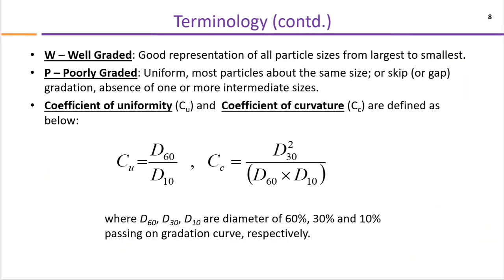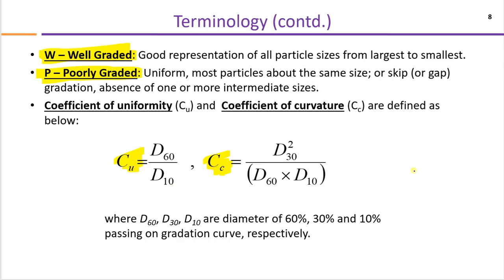So this was the terminology about the particle size. Next is well graded, poorly graded. These words are used for granular soils, and you have studied this in the chapter of mechanical analysis. If you remember, we calculated two coefficients: coefficient of uniformity and coefficient of curvature, and these coefficients tell us if the soil is well graded or poorly graded.